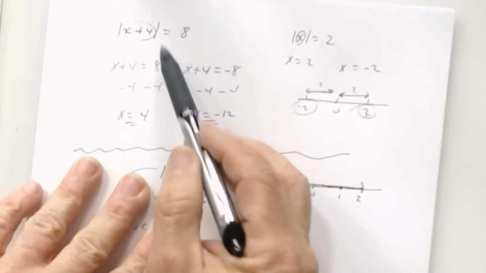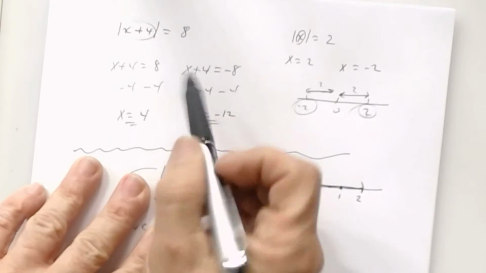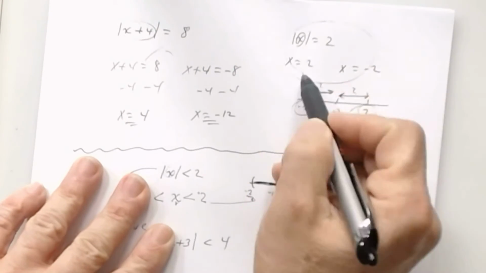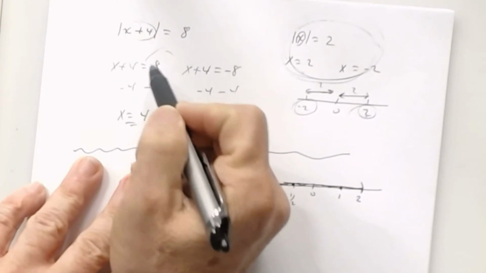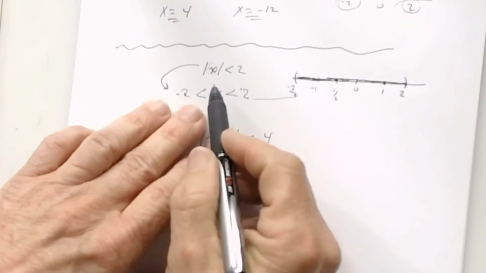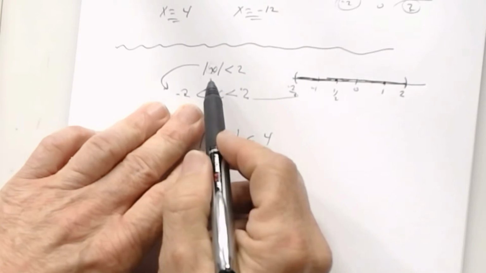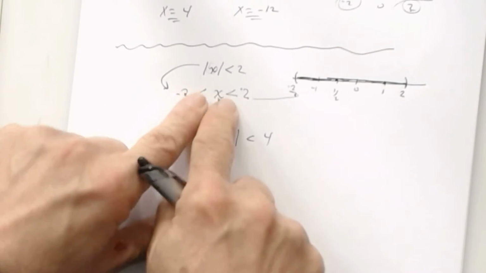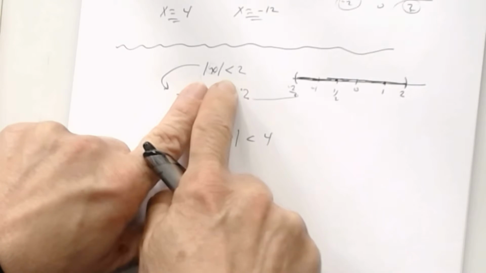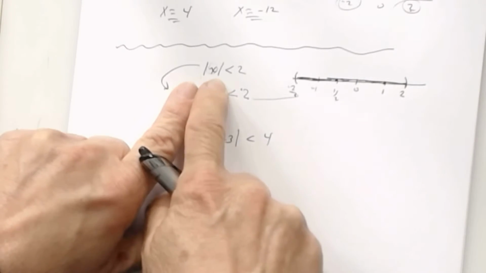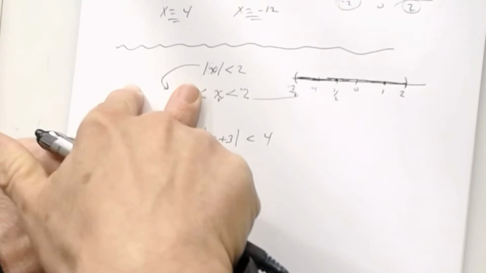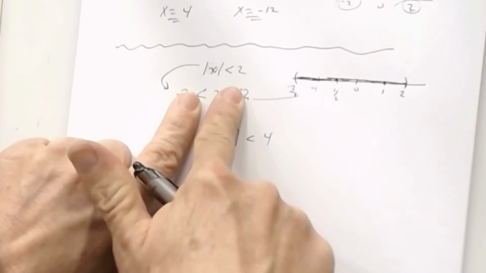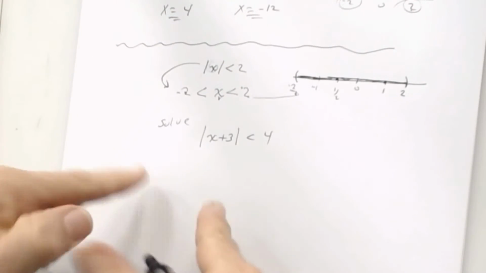I said, if you have difficulty remembering the process, think of the simpler one. Do the same thing here. Think of a simple one. If you get stuck on something like this, go back to this and ask yourself, I remember doing this, and I know that x must be between 2 and -2.